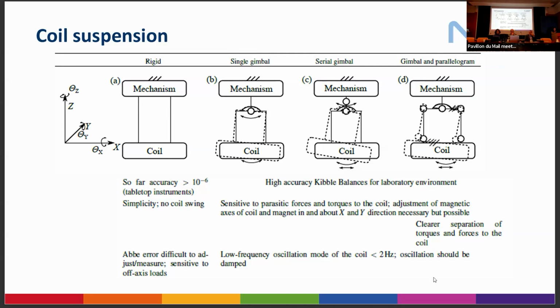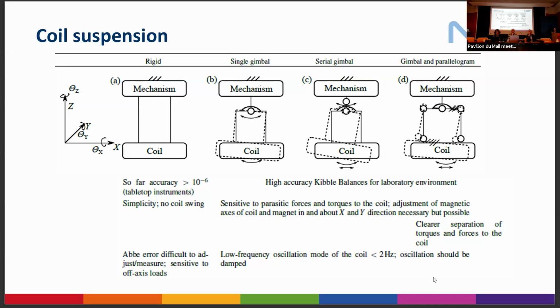The advantage of that, of course, is that you don't have any swings of the coil or the mass, which I'm going to show next. And this is very good if you're doing a BIPM measurement, because it's much simpler. The only thing that you have to worry about is how to measure and adjust your Abbe error in a stiff mechanism. And also you're very sensitive to off-axis loads.